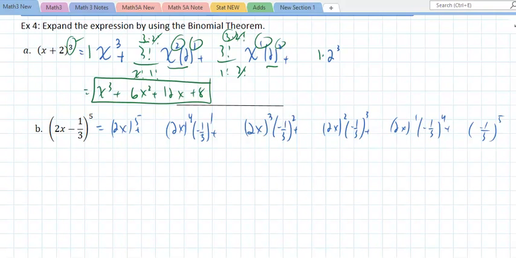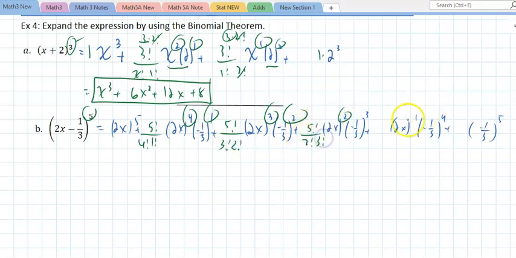Now in front of those, 5 factorial over 4 factorial, 1 factorial. 5 factorial over 3 factorial, 2 factorial. 5 factorial over 2 factorial, 3 factorial. 5 factorial over 1 factorial, 4 factorial.